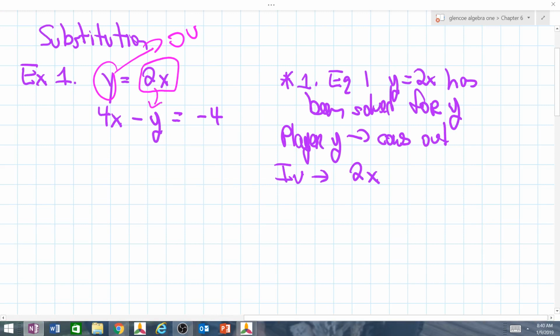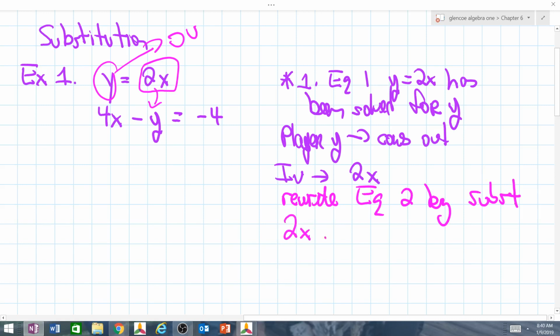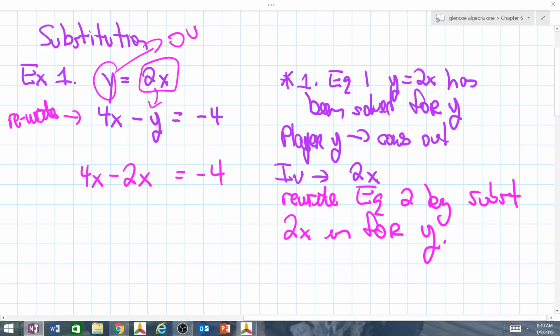So now we can rewrite equation 2 by substituting 2x in for y. Does that make sense? We're going to do a rewrite just like you do in English. This would become 4x minus 2x equals negative 4.